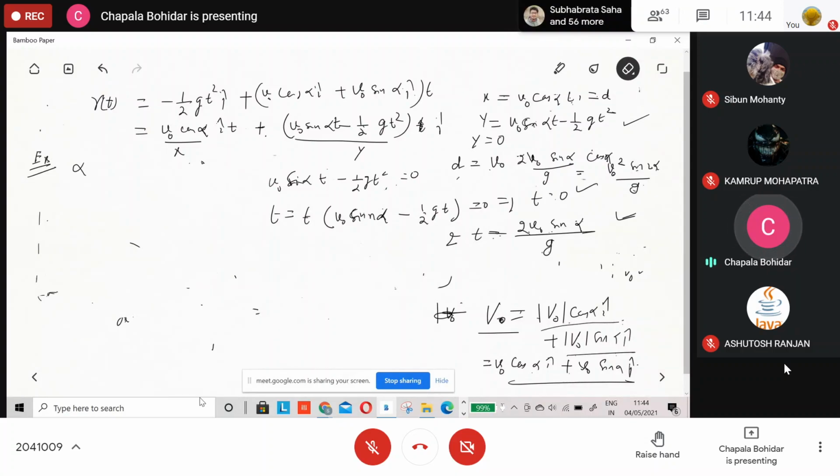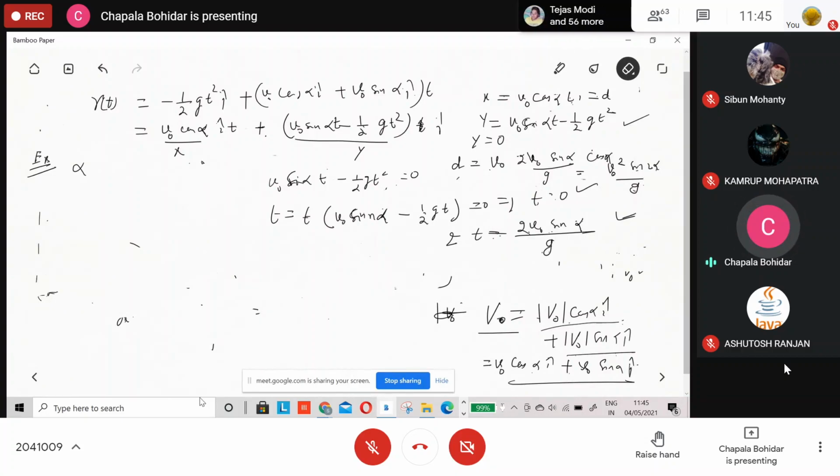I got the value t is equal to 0. When t is equal to 0, there is no distance, x is equal to 0. When t is equal to this value, V0 sine alpha by g, we substitute and get this value.